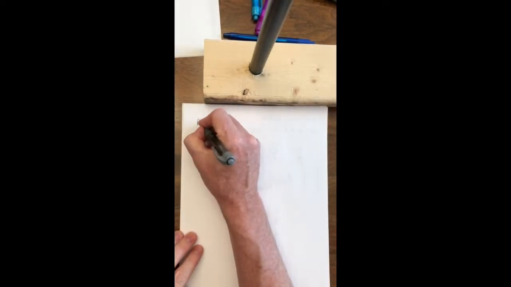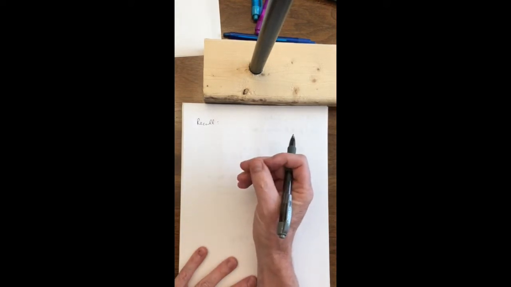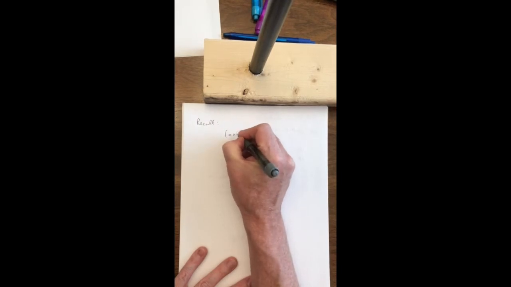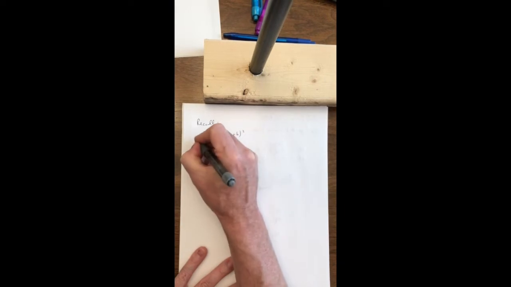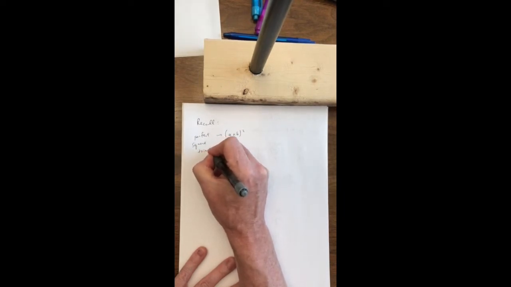Just as a bit of a recall from last day, there were a couple special instances, and if you recognize those, then factoring becomes very easy. So last day we talked about this. And I don't know if I mentioned or not, but this is called a perfect square trinomial.